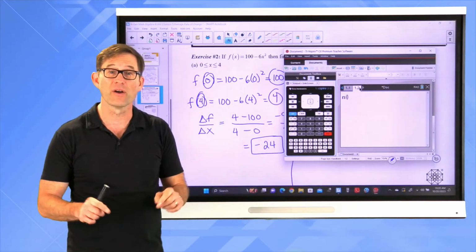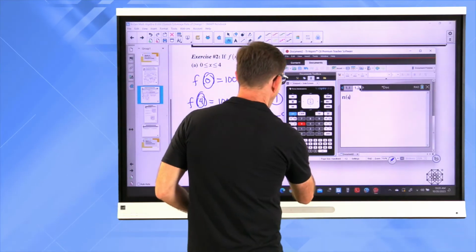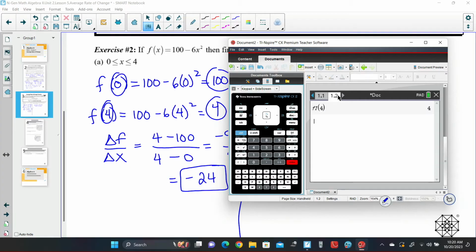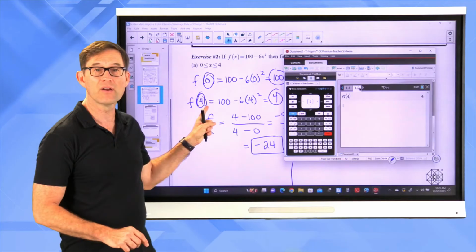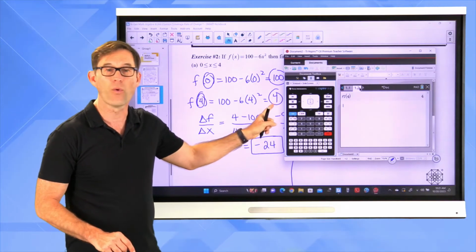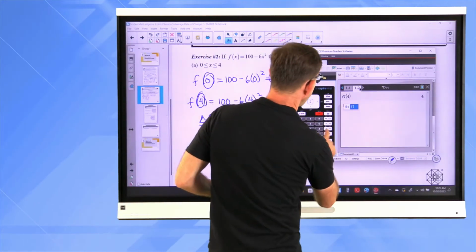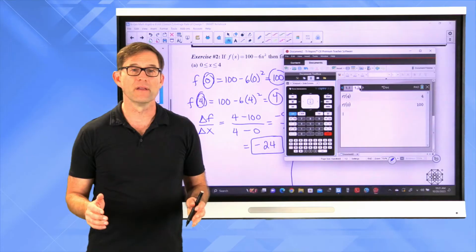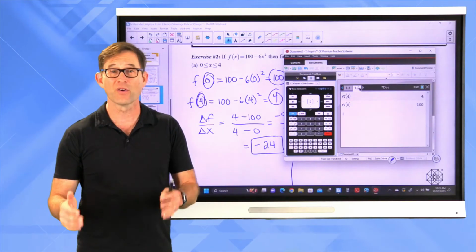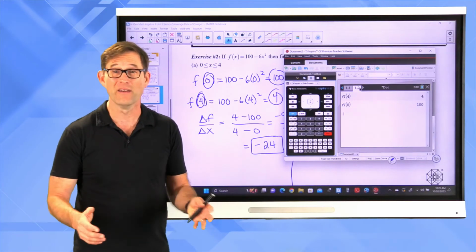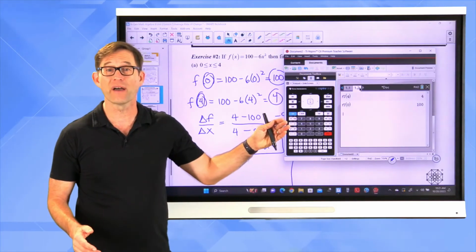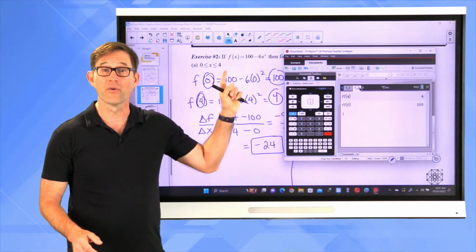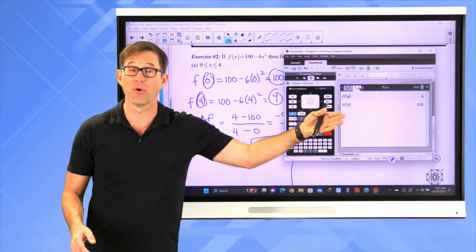Just for a second, if I put in f1 of 4 and hit enter, notice it gives me 4. Maybe that wasn't the best thing to put in, but keep in mind I have f of 4 equals 4. In fact, if I hit var and choose f1 again and put in 0, it gives me 100. Your calculator can actually do function notation. It knows f1 of x right now is 100 minus 6x squared because I put that in.